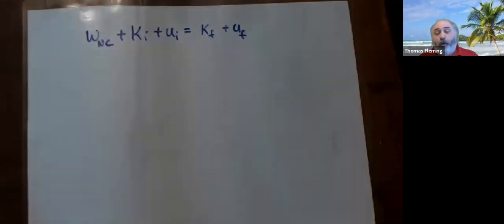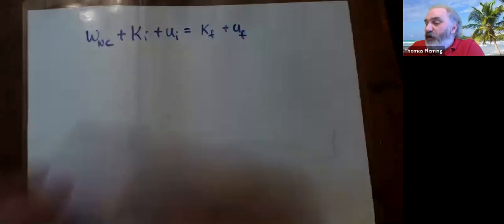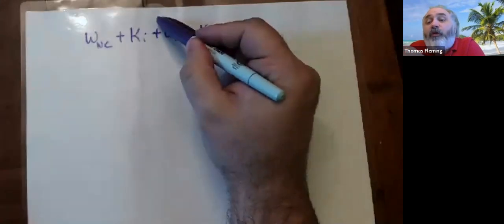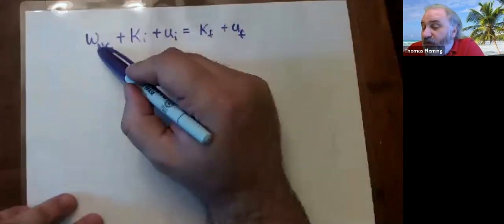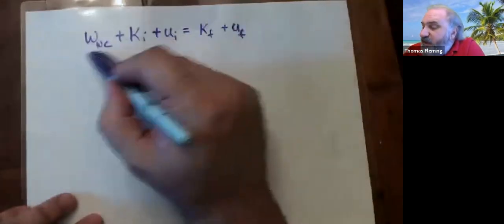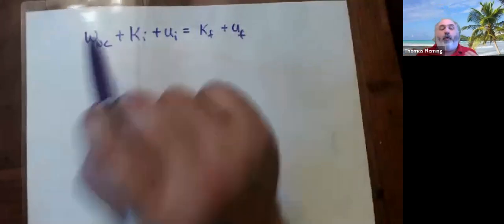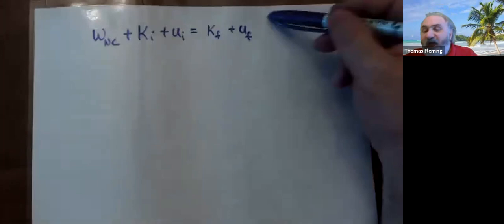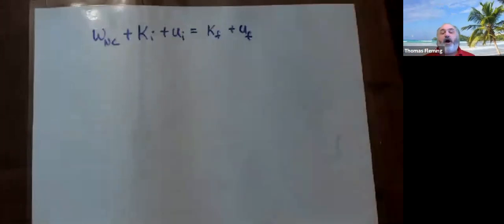But it will also work if the work being done were positive, right? If I started with 1,000 joules, and then the non-conservative forces were also providing me with an extra 100 joules, then my ending energy would be 1,000 plus 100. So either way, whether the work is positive or negative, this expression will still work. So this I can use even if I have a non-conservative force like friction in the mix.